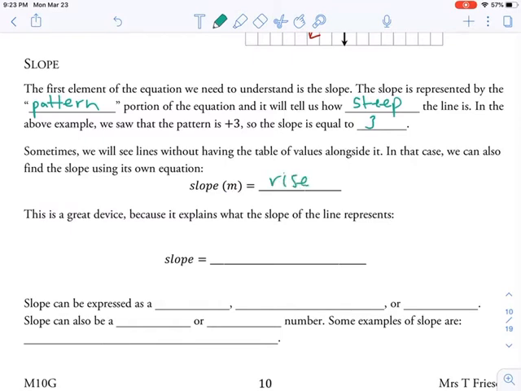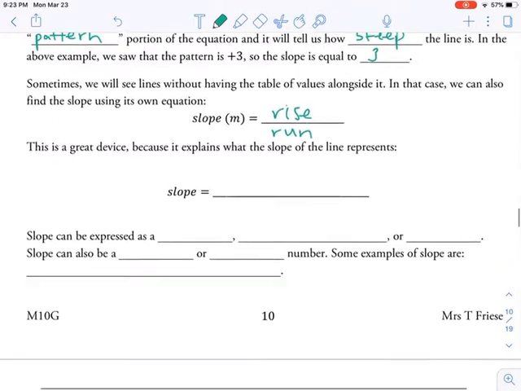And slope is equal to rise divided by run. This is a great way to talk about slope because it's really a visual device.